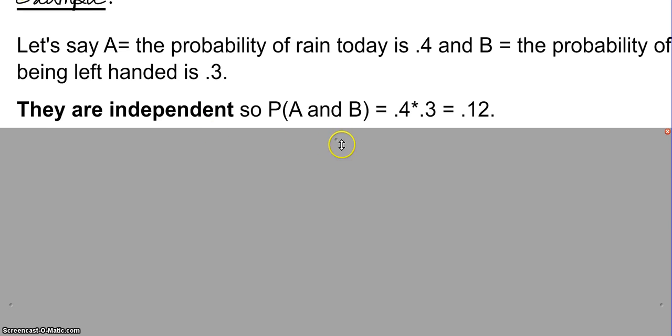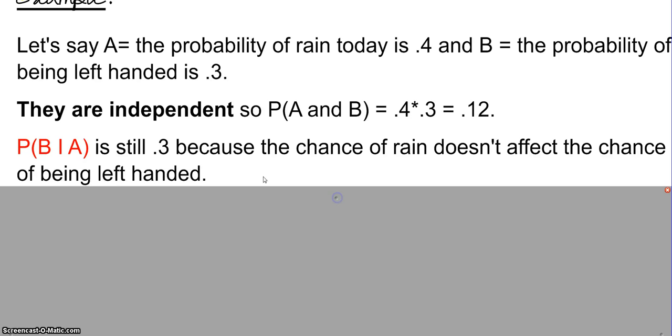Okay, let's take a look. What is the probability of B given A? What's the probability of being left-handed given that it's going to rain? Well, it's still going to be 0.3, because the chance of rain doesn't affect left-handedness.